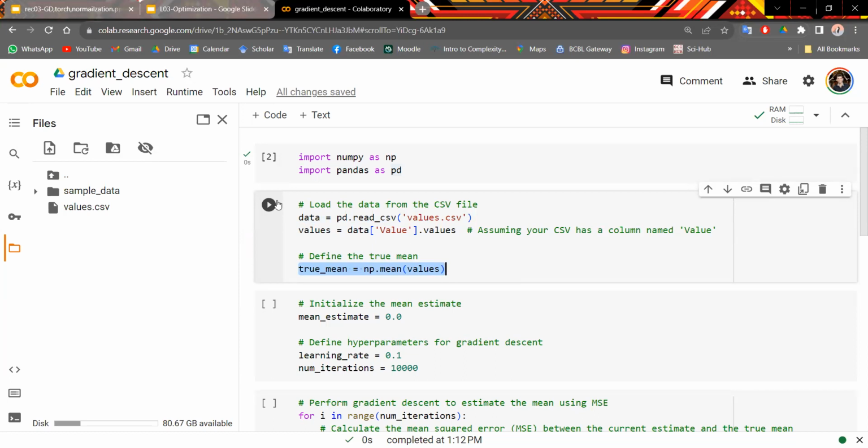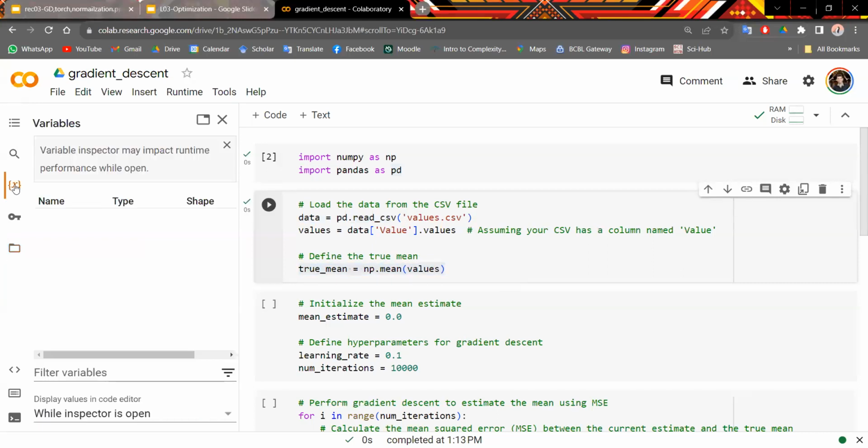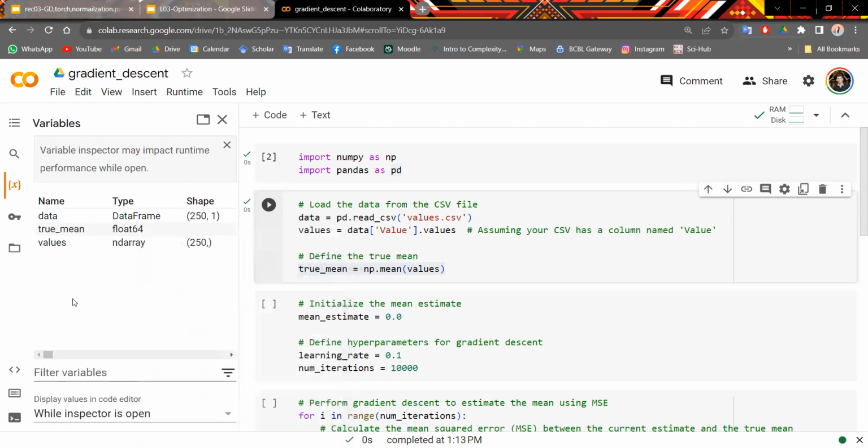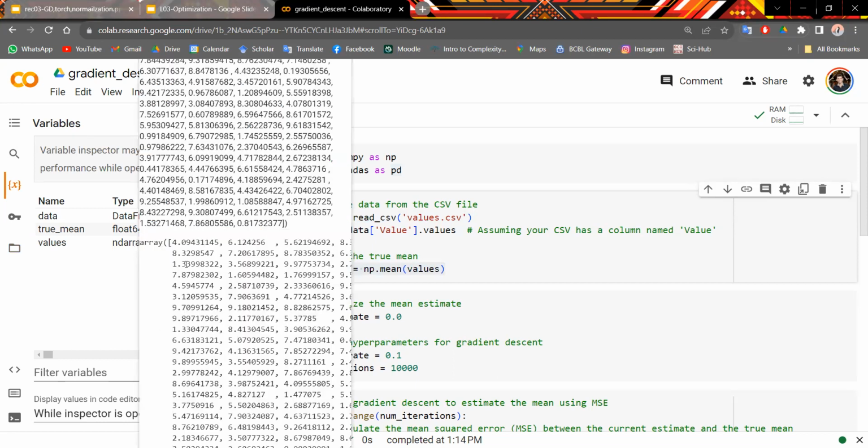Looking at my variables, I should have 3 variables: the data, which is a pandas data frame with the list of all the values; the true mean, which I'm not looking at because that's cheating; and the values, which are the NumPy array with all the values, so we can use them later.